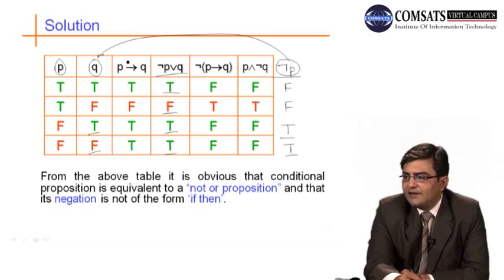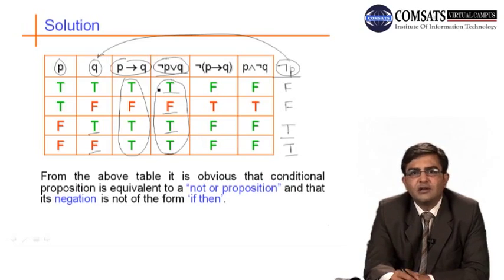So now we can see that P implies Q, or if P then Q, is logically equivalent to not P or Q, because all the truth values of P implication Q are exactly equivalent to the truth values of not P or Q. In the first row we have true, true, second row false, false, true, true and true, true.